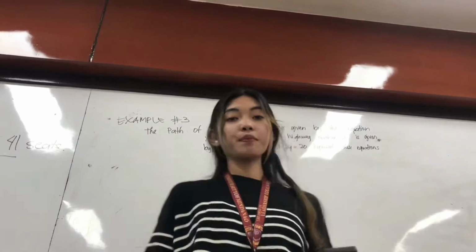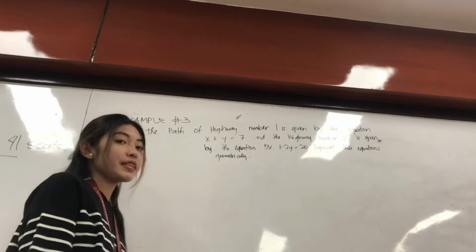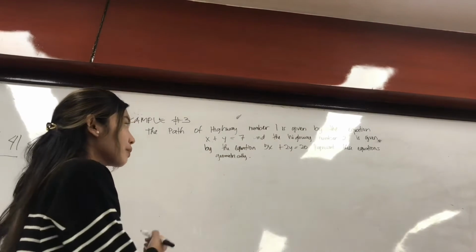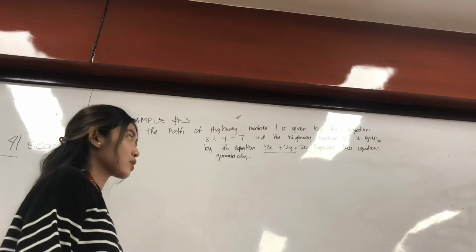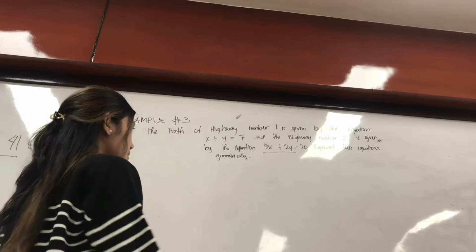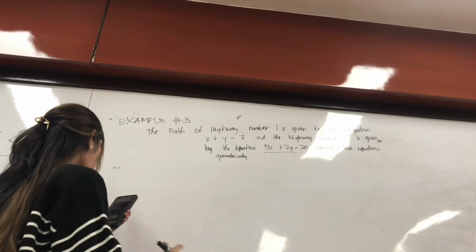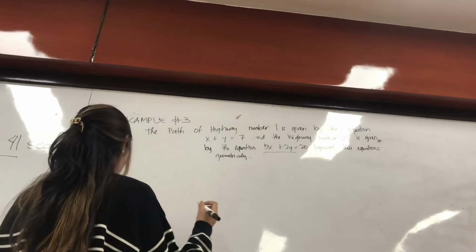So the third example is, the path of highway number 1 is given by the equation x plus y equals 7, and highway number 2 is given by the equation 5x plus 2y equals 20. Represent these equations geometrically. So the first step: we have x plus y equals 7.